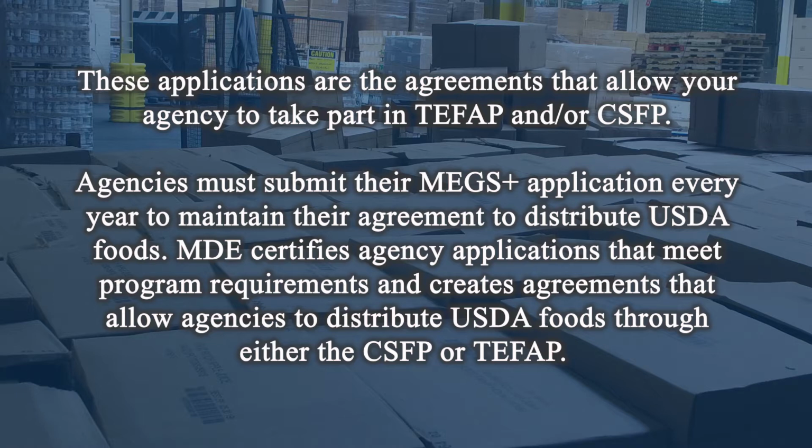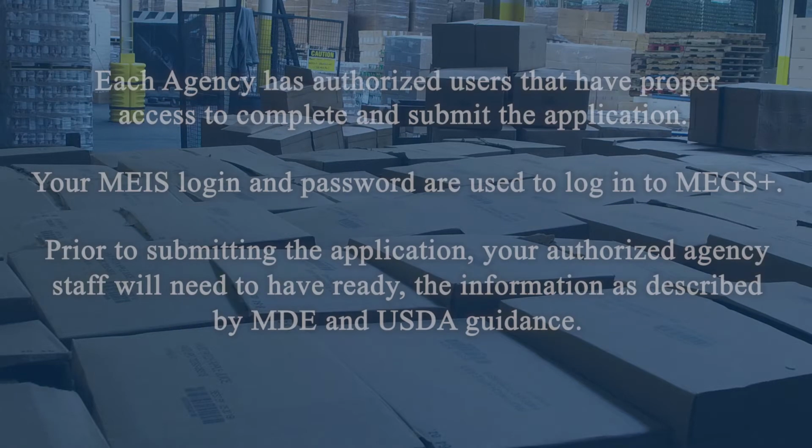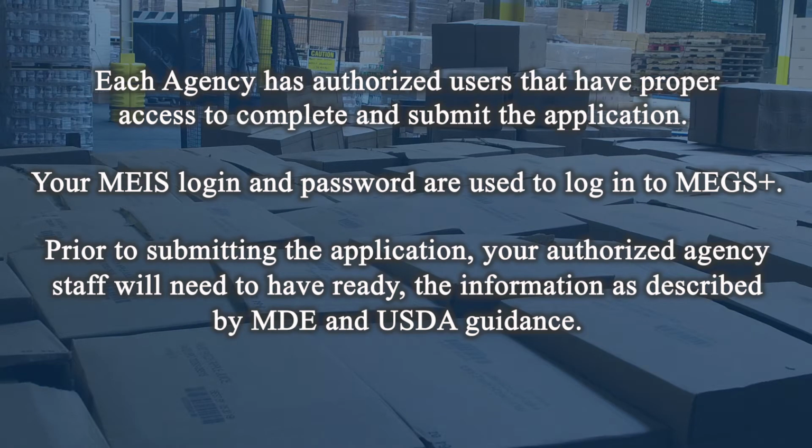MDE certifies agency applications that meet program requirements and creates agreements that allow agencies to distribute USDA foods through either CSFP or TFAP. Each agency has authorized users that have proper access to complete and submit the application. Your MEIS login and password are used to log into MEGS Plus.